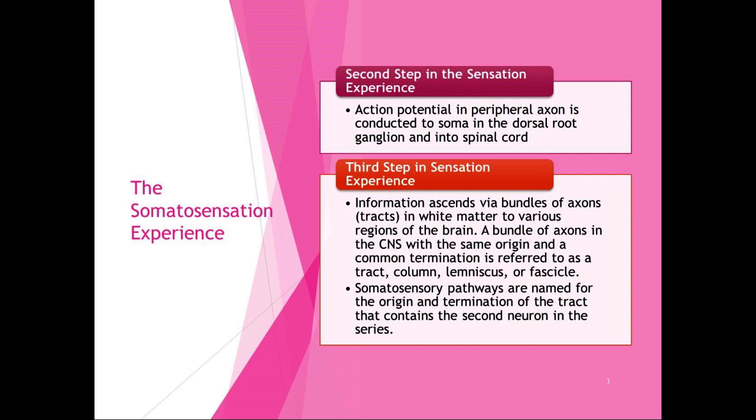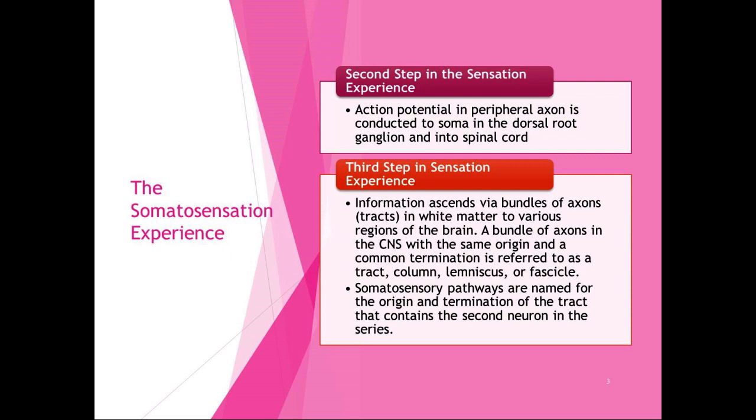A bundle of axons in the central nervous system with the same origin and a common termination is referred to several different ways. The first way, it's called a tract, like the spinothalamic tract. And like a lot of the things I like in the body, a lot of the tracts tell you where they go to and from in their names. So you've got to love that. The name of it gives you the answer.